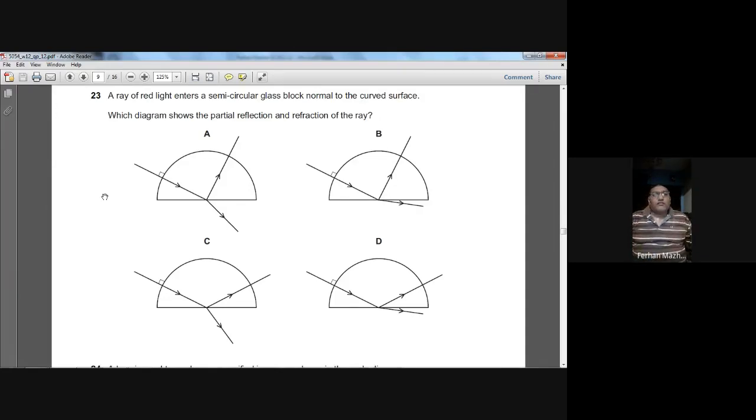For getting to the right option in this question, dear students, you need a scale and a pencil and follow my instruction. You know this point on your screen, this flat surface of the semicircular glass block.